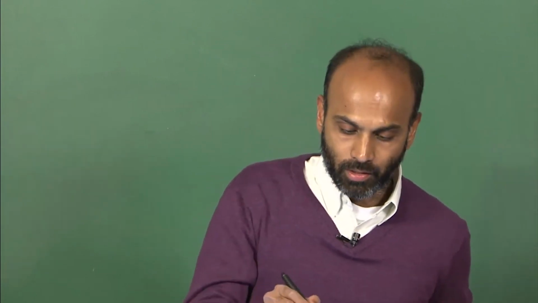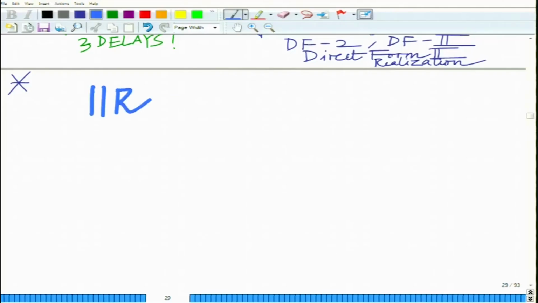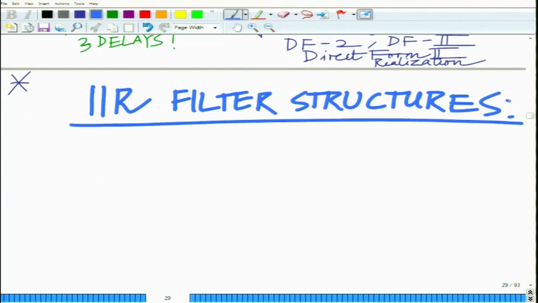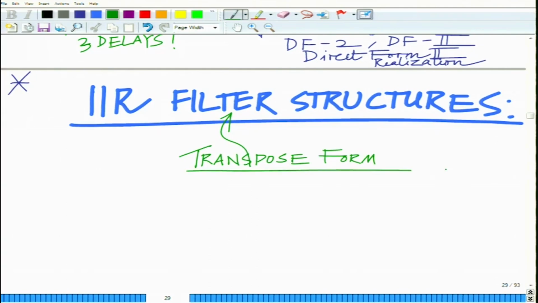Okay, so we are looking at IIR filter structures, and as part of that we are looking at the transpose structure, or let us call this the transpose form. And the transpose form can be described as follows.